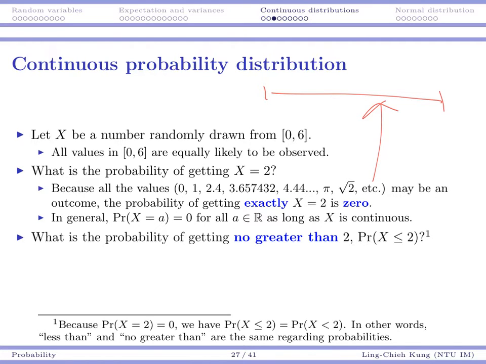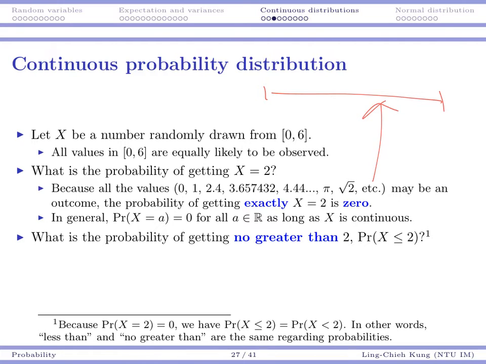Okay, then in that case, I probably want to ask the first thing. What's the probability for getting x to be 2 or any specific number? Turns out that the probability of getting exactly 2 is 0. Why is that? We know within this interval there are infinitely many numbers. Because we are randomly drawing one number, the probability of getting every number is the same.